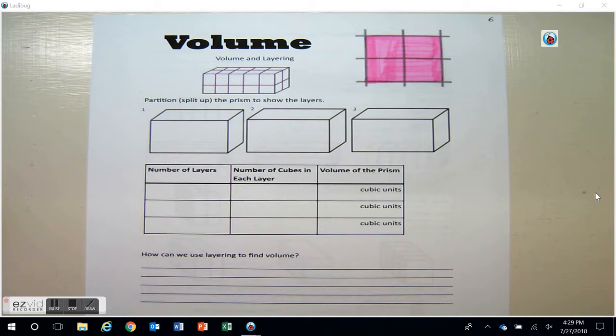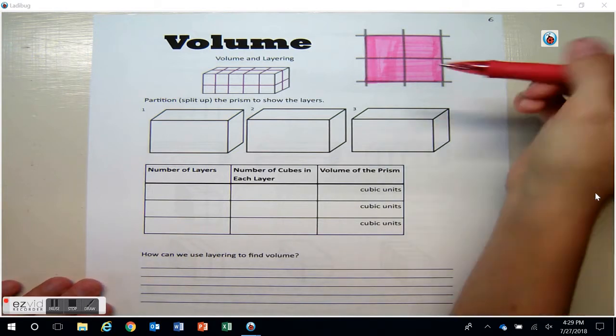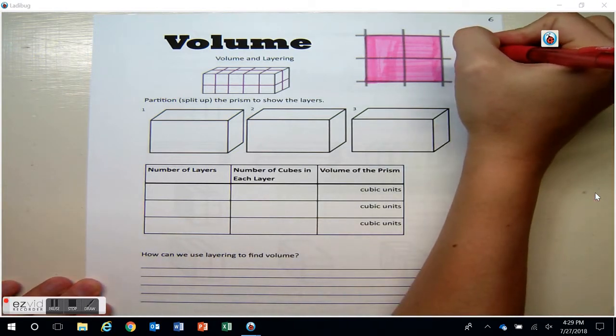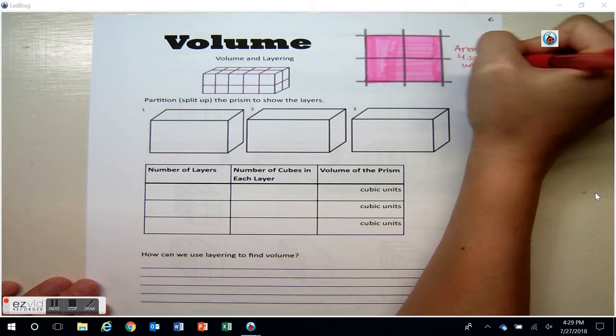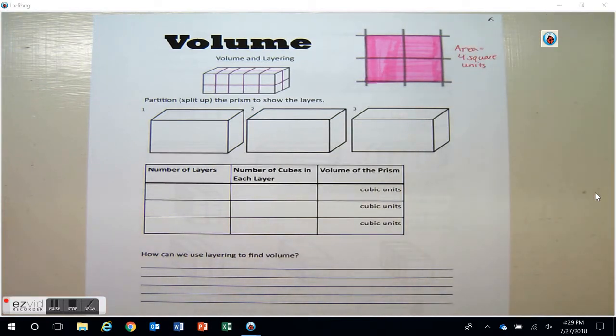Okay, so we shade and have an area of 4 square units. I'm going to write that right here. Area equals 4 square units. This is going to act as the foundation of my structure.